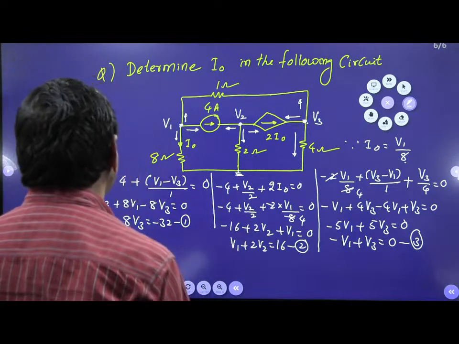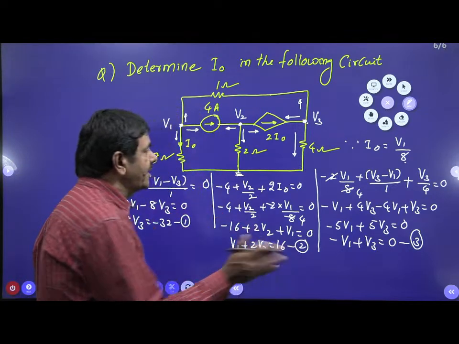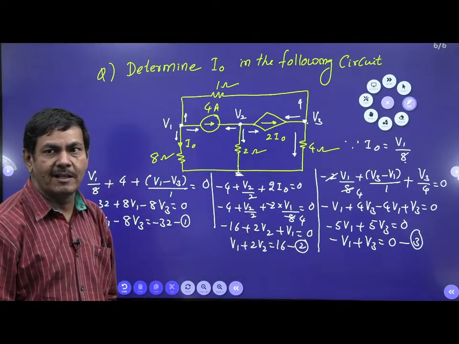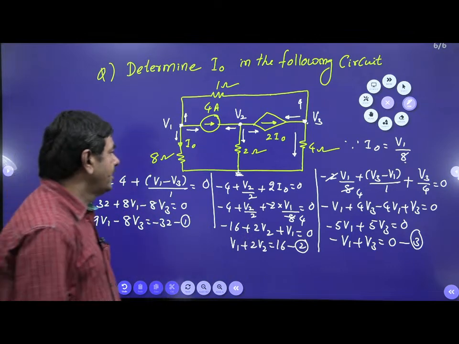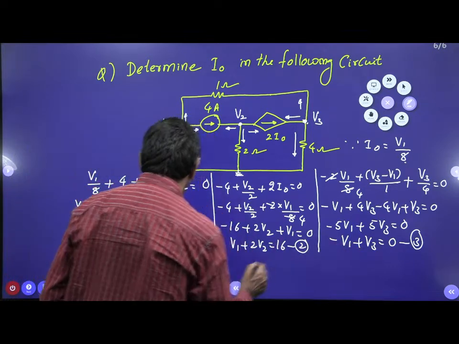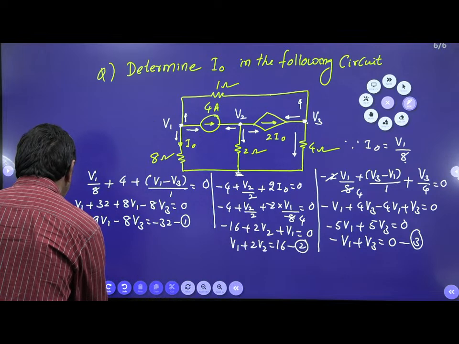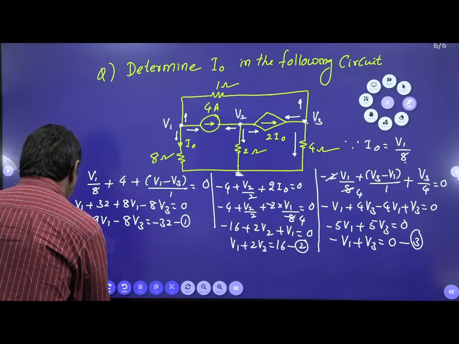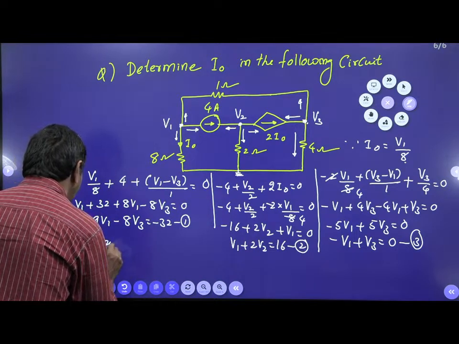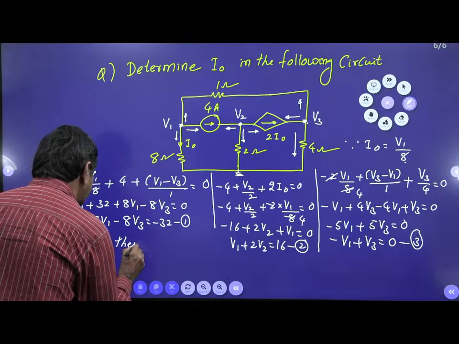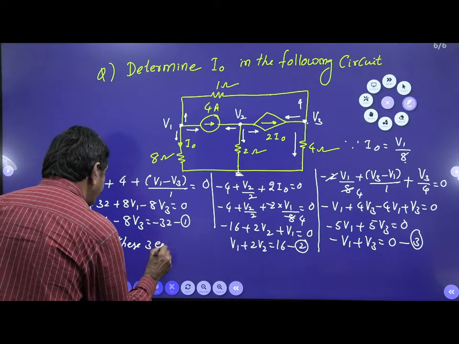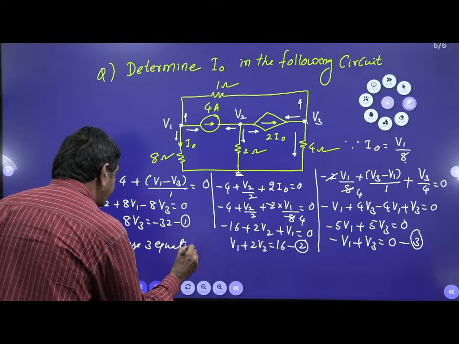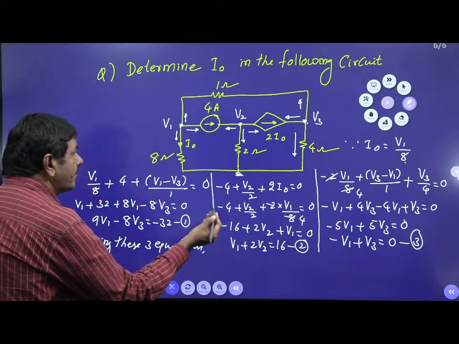By solving these 3 equations, the solving work is yours. You know very well how to solve these equations. By solving these 3 equations, you will get the V1 value.